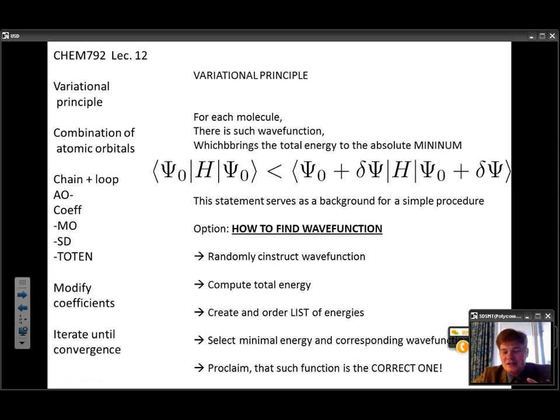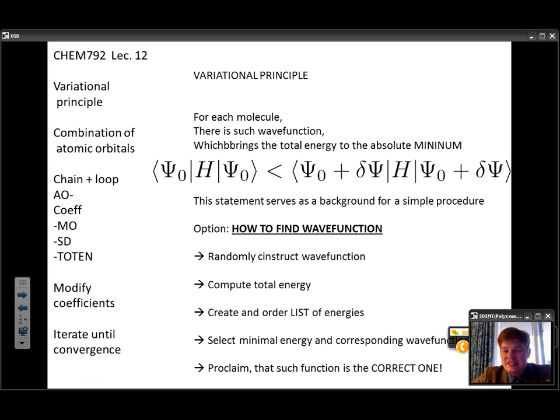So if we are lazy, or alternatively, if the calculation of electronic structure is too heavy, too complicated, takes too many numerical resources, we may imagine, I'm not saying that we are going to do it, a computer doing the following simple routine: generating a wave function by random numbers, something random, unknown, computing total energy for the random wave function, recording it into a list, and repeating it again and again and again.